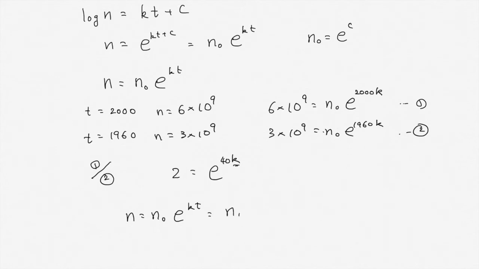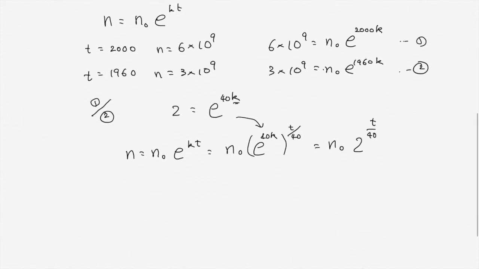You can change this exponential to 40k times t over 40. This is a little bit tricky, so you can substitute it here: n sub 0 times 2 to the 40t over 40.